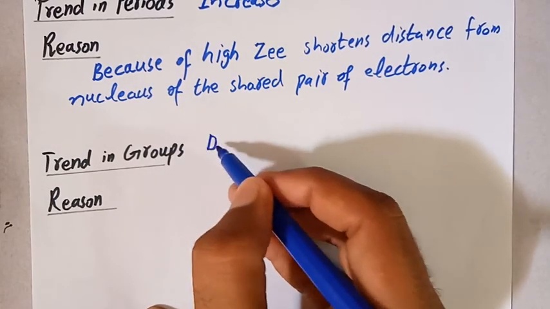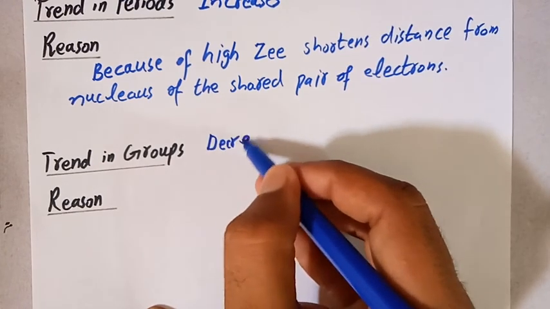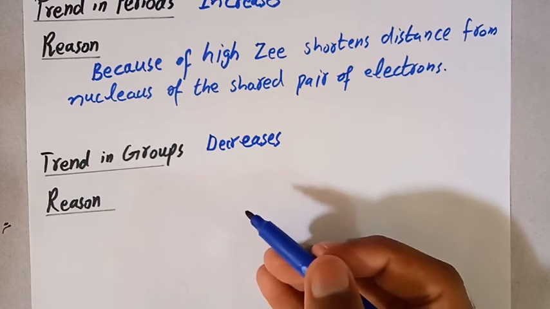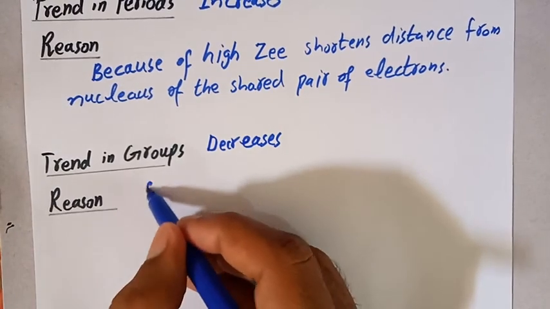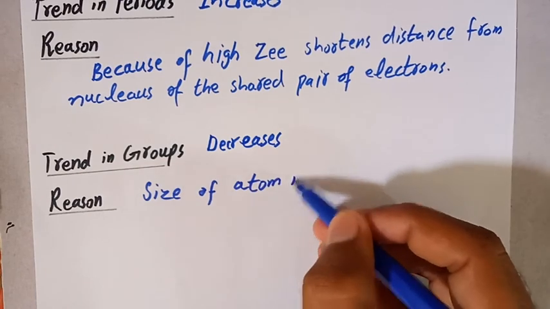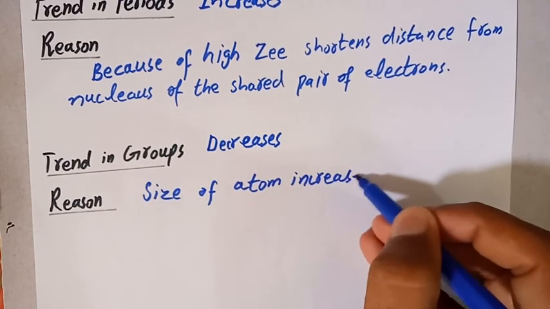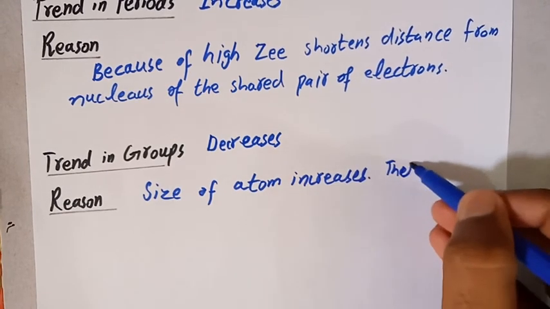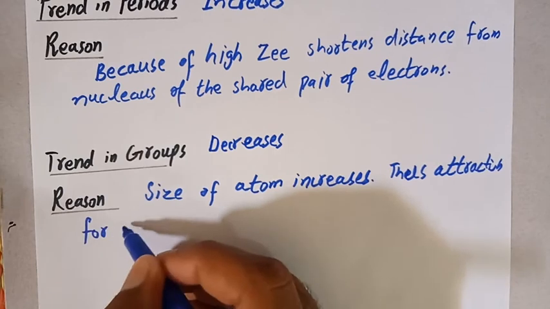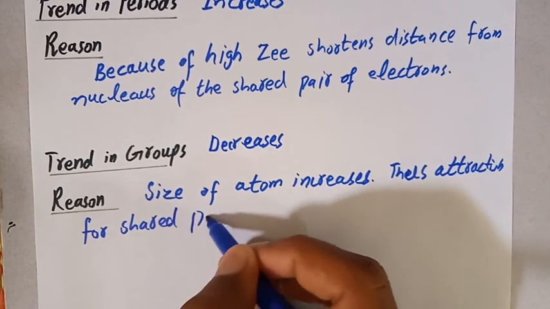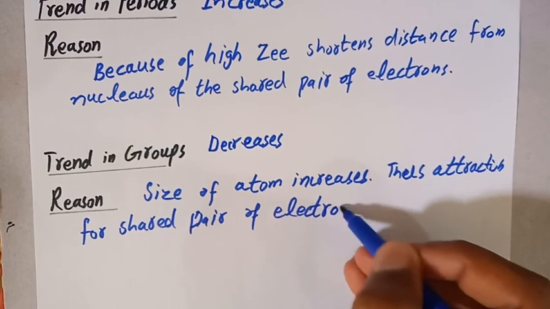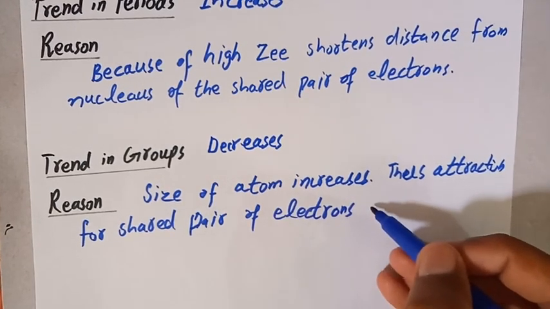Electronegativity decreases in a group of the periodic table from up to down because the size of the atom increases in a group, thus the attraction for the shared pair of electrons weakens.